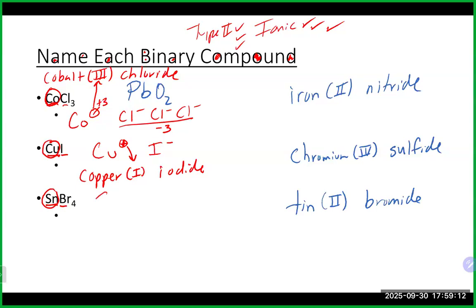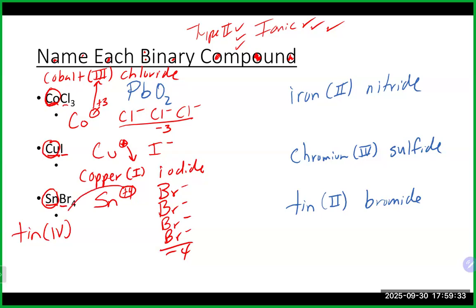Same deal: we have one tin with a positive charge. Br is group 7, -1, and there are four of them, which gives you a -4 to balance out. That's going to be a +4 in this case. So that will be tin, Roman numeral 4 for the charge, and we'll go with bromide. Any questions on those three?